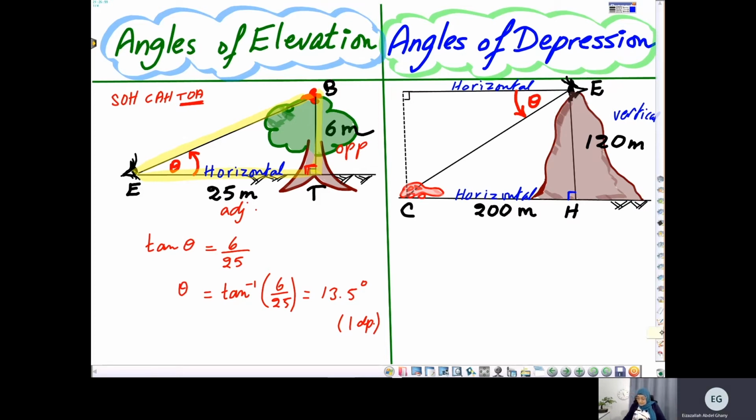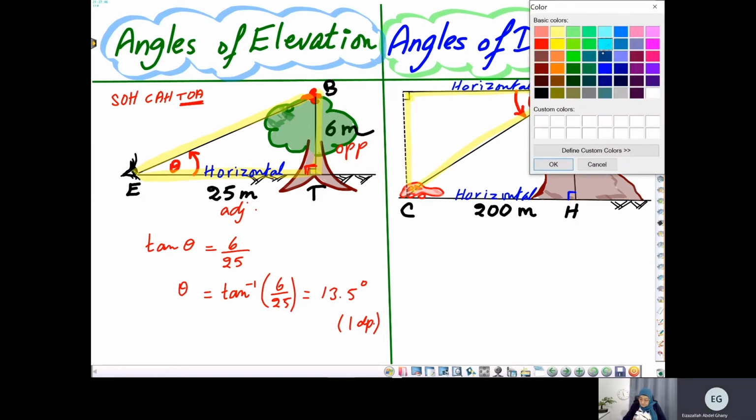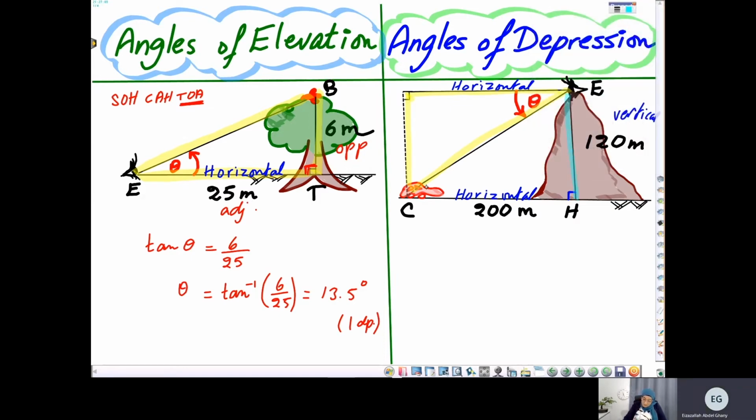You have two options. Either you deal with this right angle triangle, or you deal with this right angle triangle. Both of them will give the same result, but take care that you have to show that this theta is the same here. So what is the information on this right angle triangle? This is the opposite to the angle, and this is the adjacent.